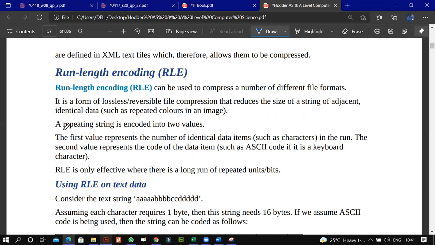Now, repeating strings. For example, somewhere in an image, if black is appearing 20 times, B would appear 20 times. I'm just giving an example.